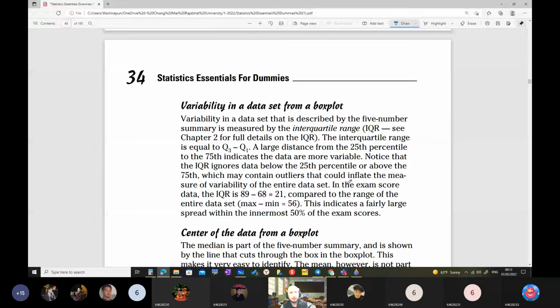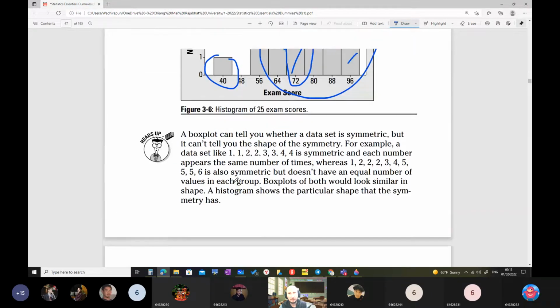Okay. Variability in the data set that is described in the 5-number summary is measured by the interquartile range, IQR. How variable the data is. This indicates a fairly large spread within the innermost large spread, right?